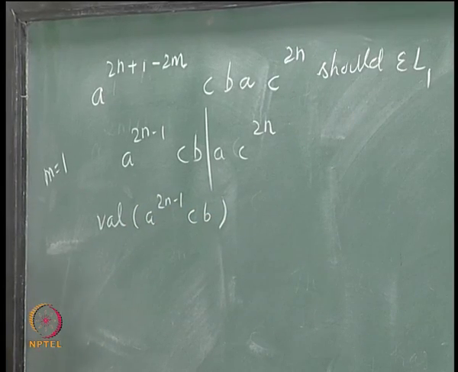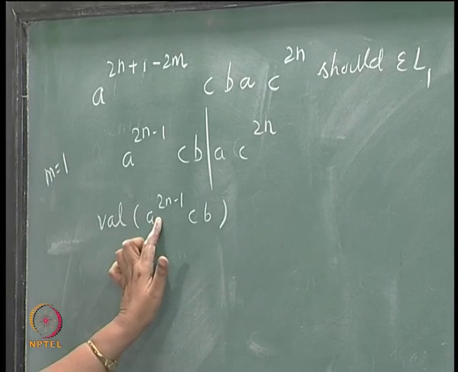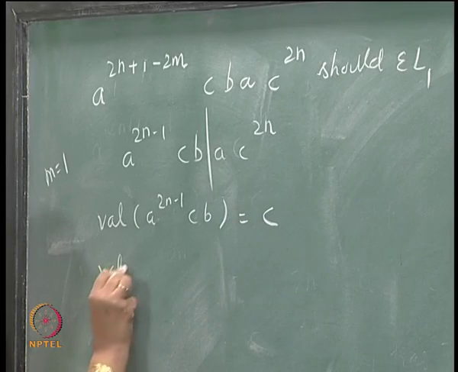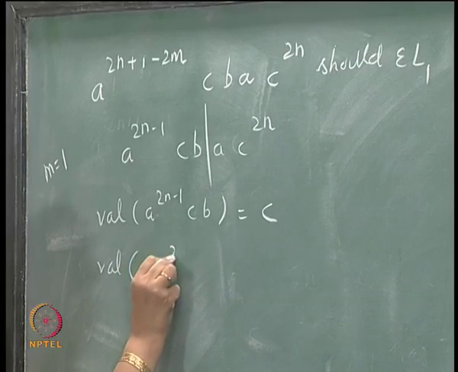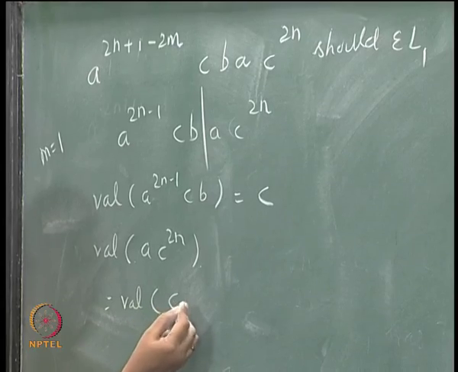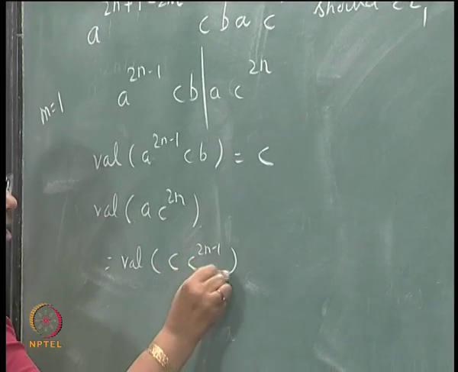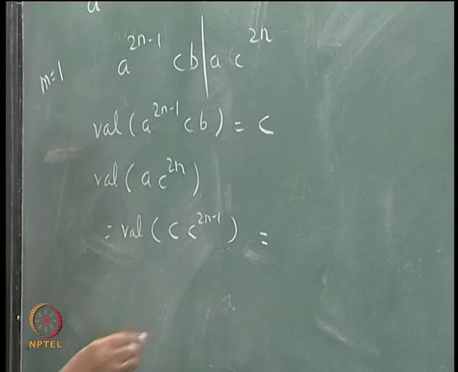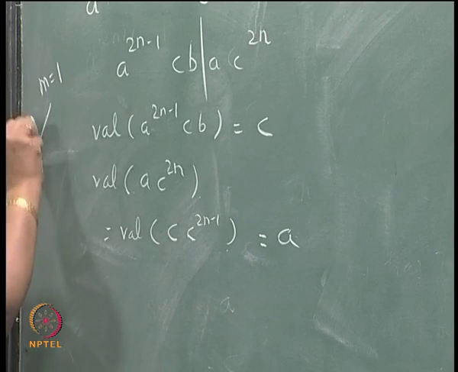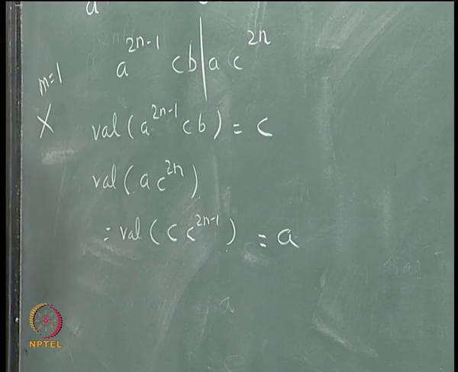This will be a, then AC will be C, CB will be C. What will be the value of a C power 2n? That is equal to the value of what is AC, C, C power 2n minus 1, that is A. C power n is A if n is even, C power n is C if it is odd. So, they are not equal. So, m is 1, it does not work out.